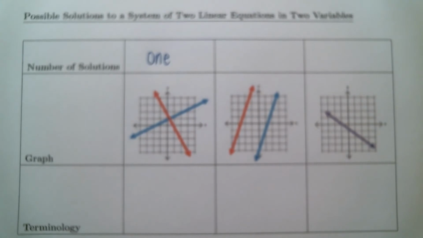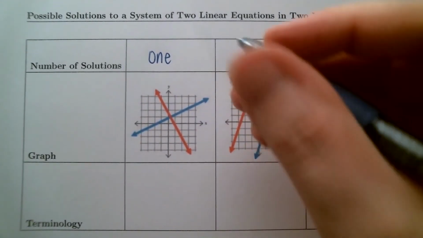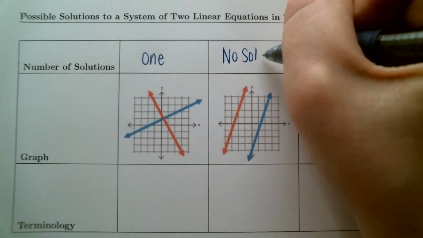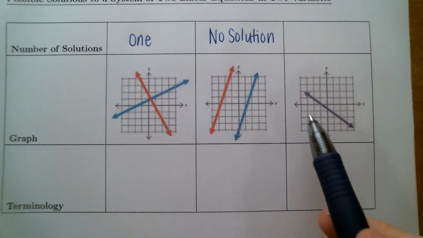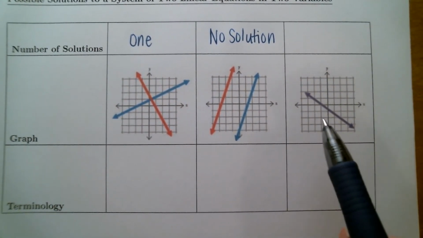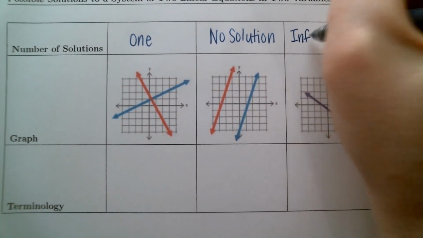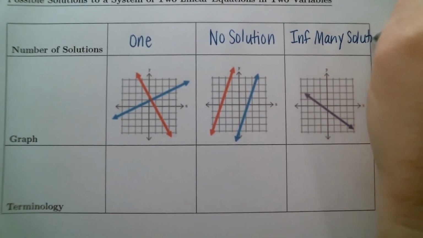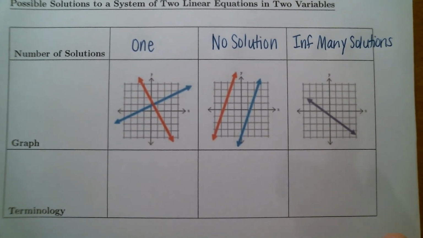Next, 2 parallel lines never intersect, so that represents no solution. And lastly, think about red and blue make purple: the lines are on top of each other, so they are the same line, which means infinitely many solutions. Those are your only possibilities when solving a system of linear equations.